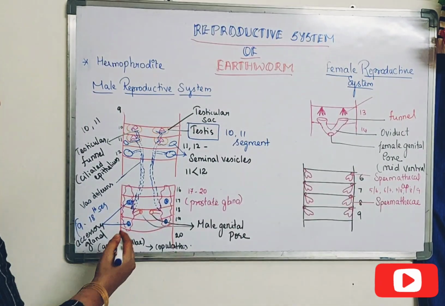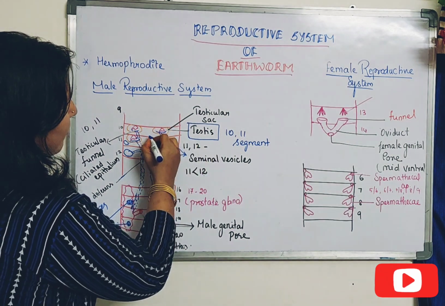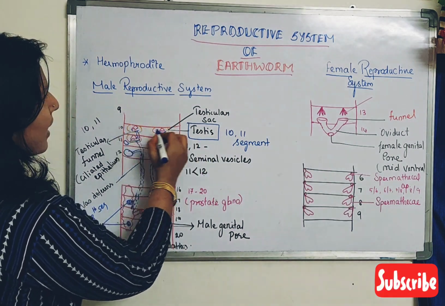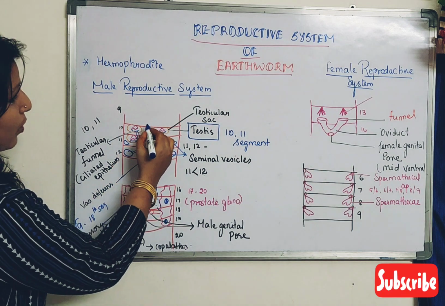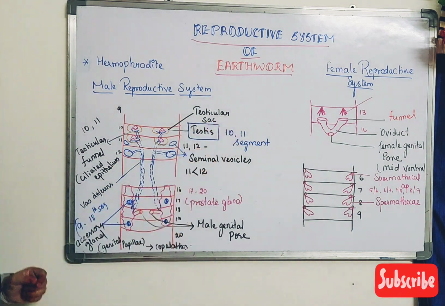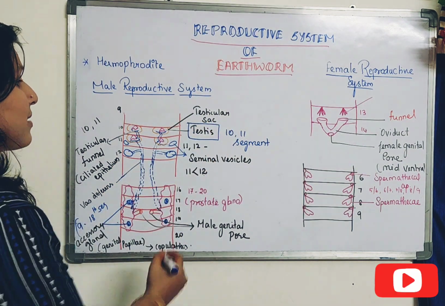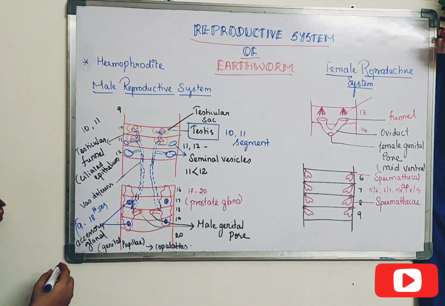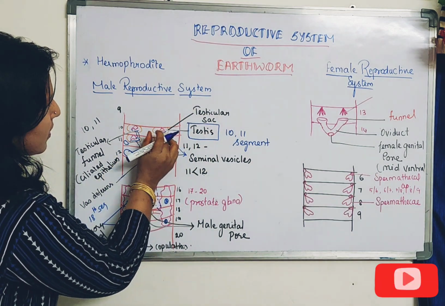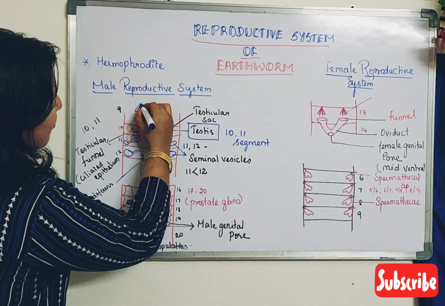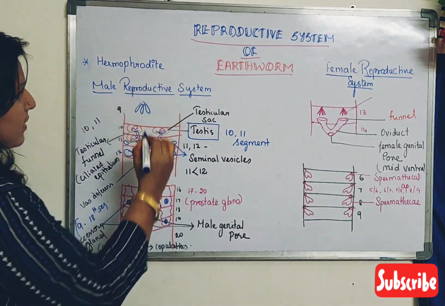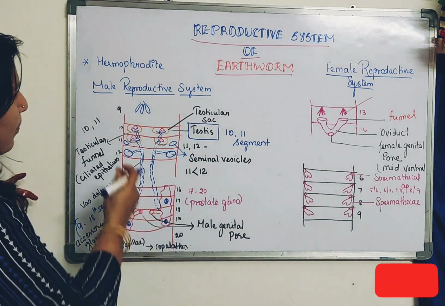Clear? Each testis is covered by a sac-like structure, which we call the testicular sac. These testes are finger-like projections.